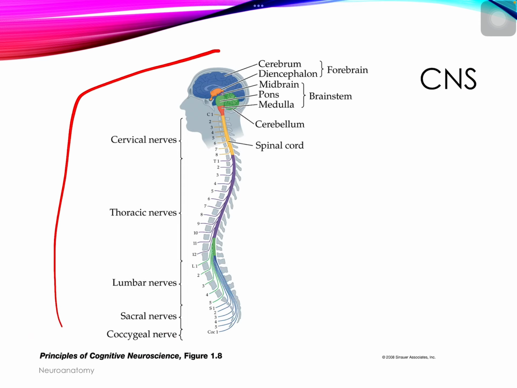So here you can see this is kind of the whole central nervous system structure here, the brain and spinal cord. And we've talked about how the brain is sort of categorized and split up here. And then here, this is where the spinal cord ends. And then we have our thoracic nerves, the lumbar nerves. We have the cervical nerves here.